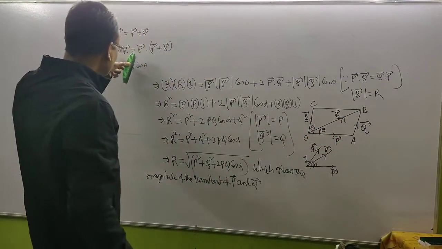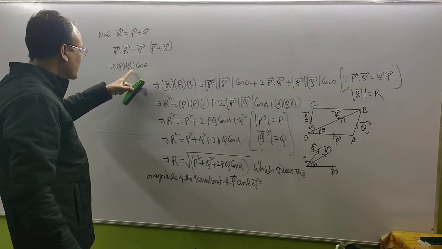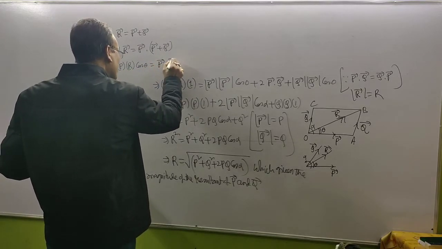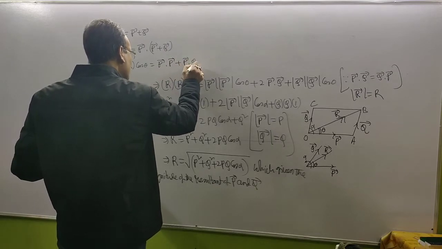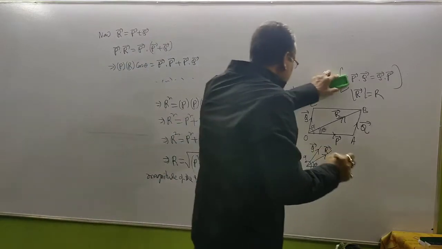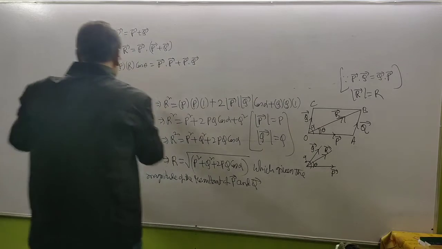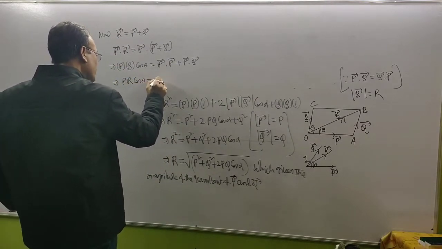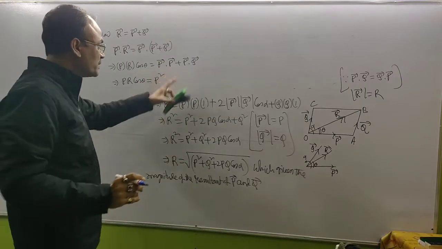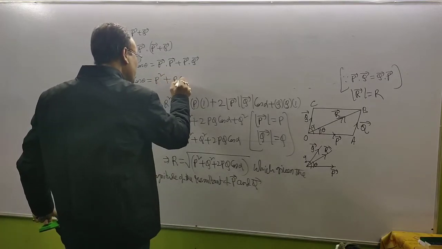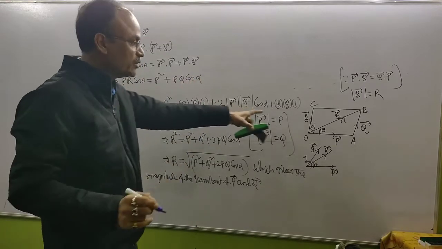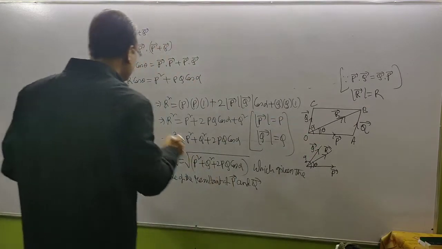Therefore, magnitude of P means P, magnitude of R is R. This is cos theta equal to P vector dot P vector plus P vector dot Q vector. This means PR cos theta equal to P square plus P into Q cos, the angle between P and Q is alpha, P Q cos alpha.